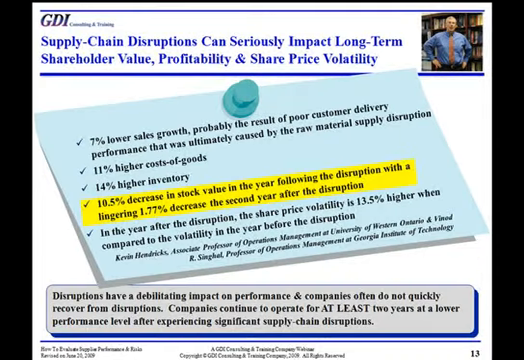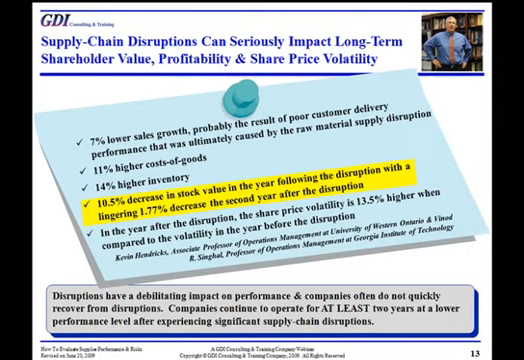A few years back, a couple of professors at Georgia Institute of Technology did a study looking at supply chain disruptions that could seriously impact long-term shareholder value. They were primarily concerned about shareholder value, profitability, and share price volatility with a heavy emphasis on share value.